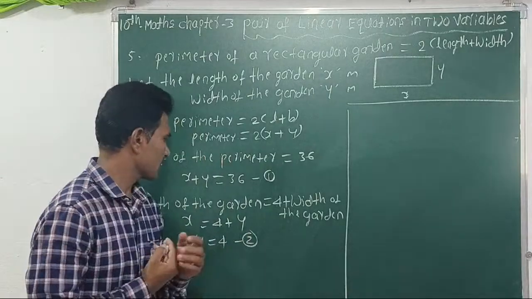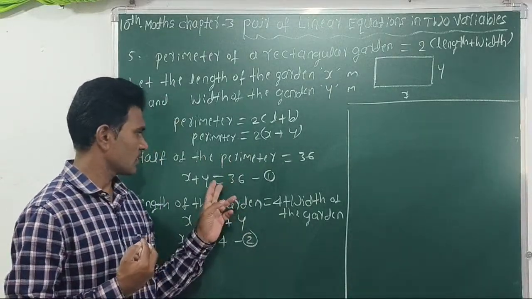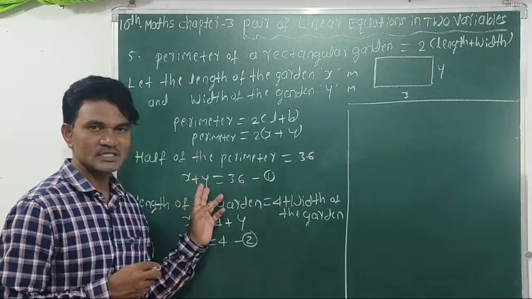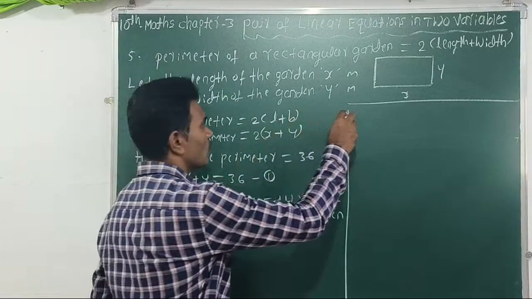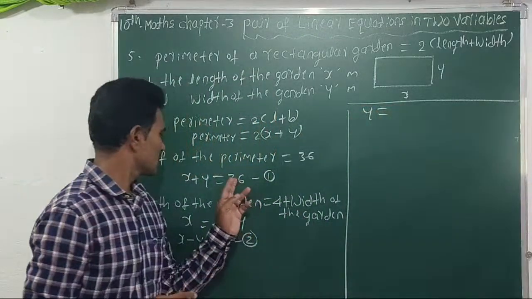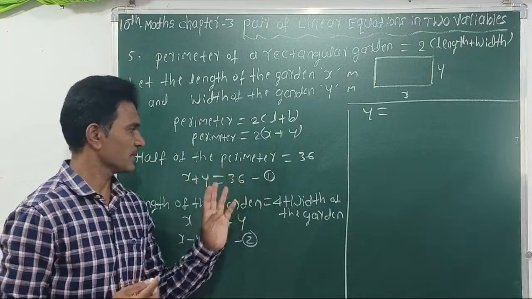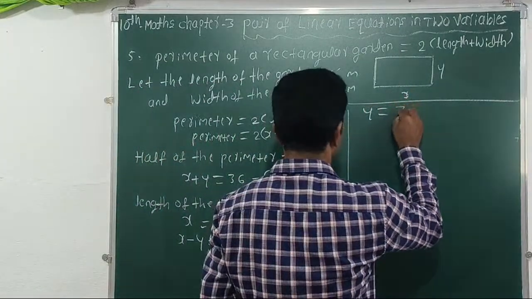We have to construct a table to these two equations. I will construct table to first equation. First I will write this equation in terms of y. y is equal to, sending plus x to RHS, it becomes minus x, 36 minus x.